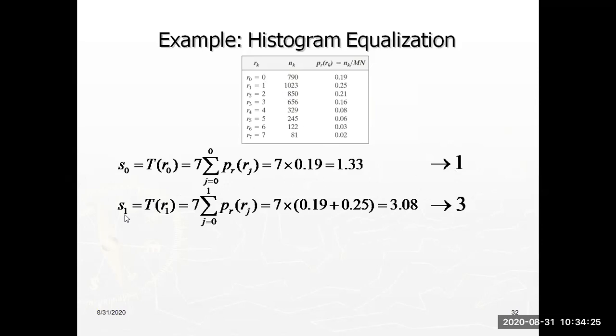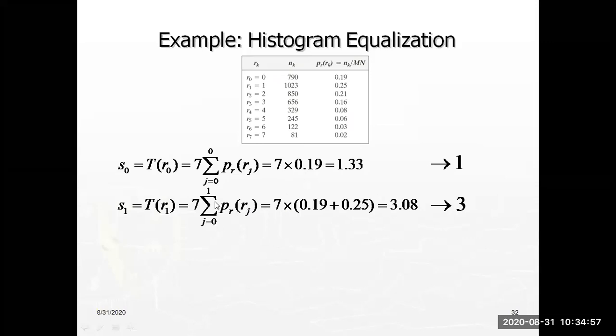Next, the second pixel. S1 is equivalent to R1 actually, but S1 is obtained with the transform T of R1 equal to 7 into sigma j equal to 0 to 1 of PR of Rj.